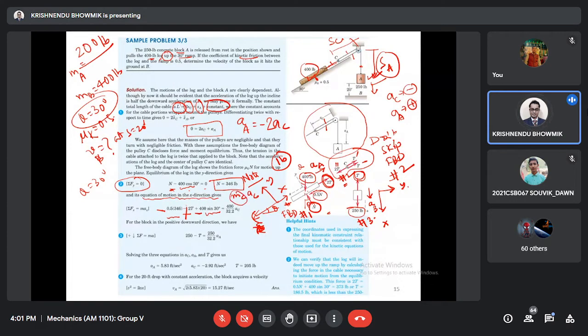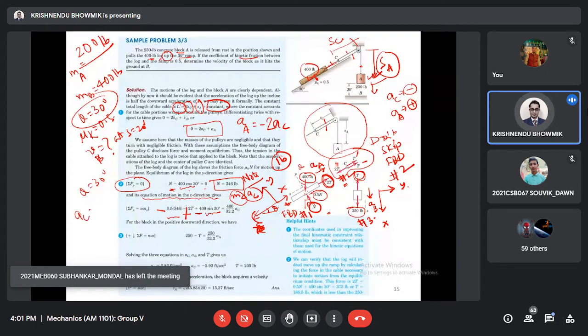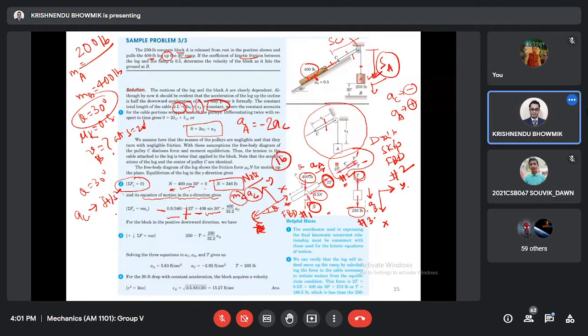What is m_c a_c? If we want to write a_c in foot per second square, then we are supposed to multiply by some pound with respect to 32.2 foot per second square, the acceleration due to gravity. Either you have to multiply 32.2 here and here, or you can just divide and write these expressions with a_c.